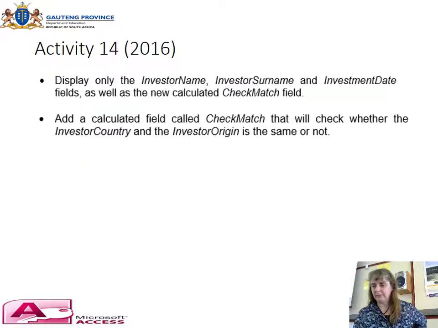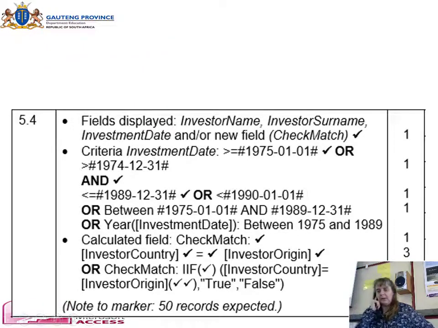Okay. And then the solution towards it. So we've got fields displayed with the investor name, investor surname, investment date, and then a new field check match. Then the criteria that we need to have, because remember we worked with a date, so we have to have a date criteria. So for investment date, there's a specific criteria. And the second option, because there was an and, 2 dates.